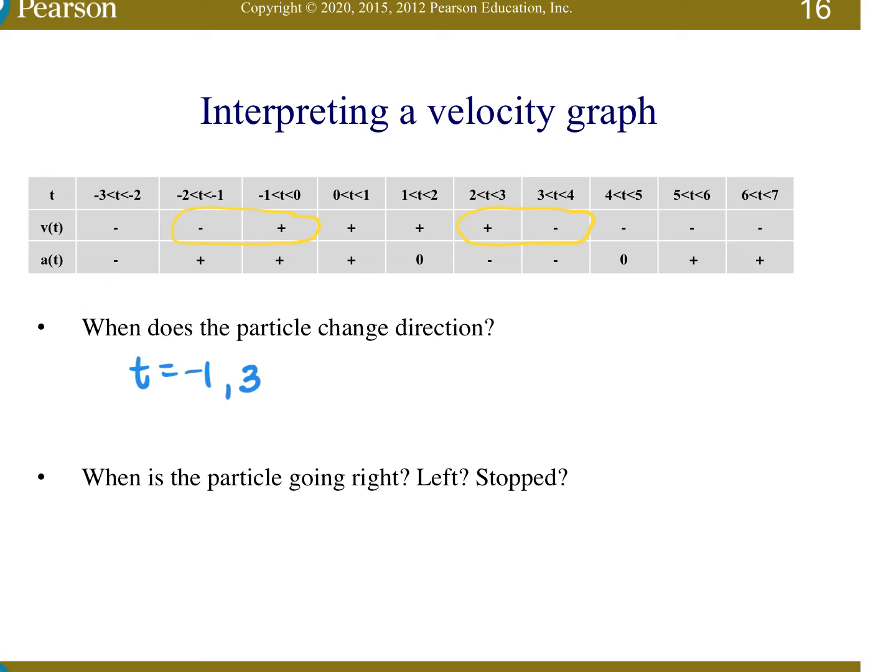When is the particle going to the right? It's going to the right anytime we have pluses in our velocity. And so going to the right would be all of these positive velocity units, every single one.